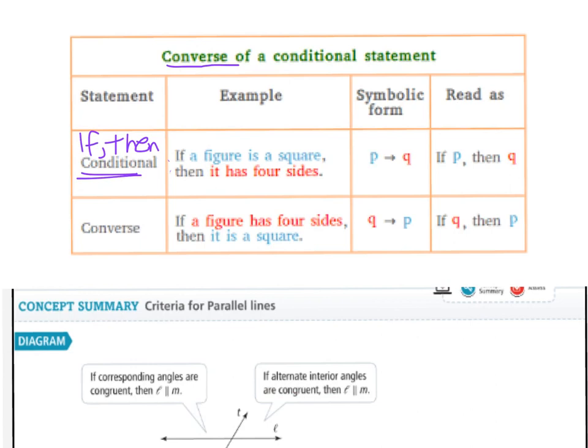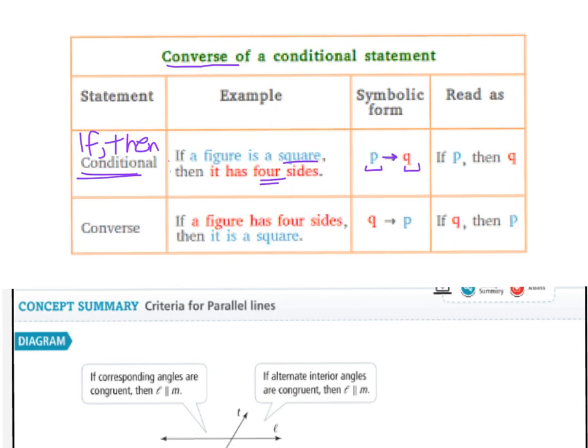So here's our example. If a figure is a square, then it has 4 sides. So the statement that's written after if is the first statement. The condition is the arrow right there. And then the second statement is what happens after the word then.